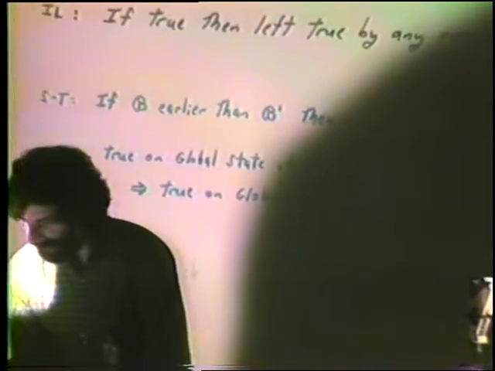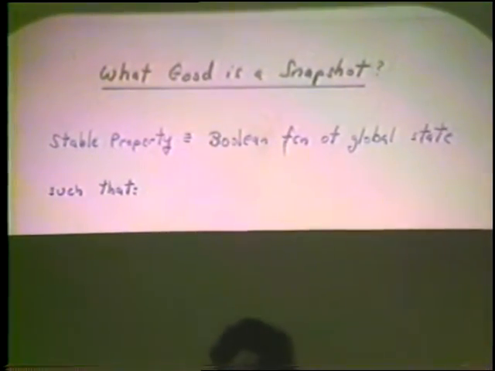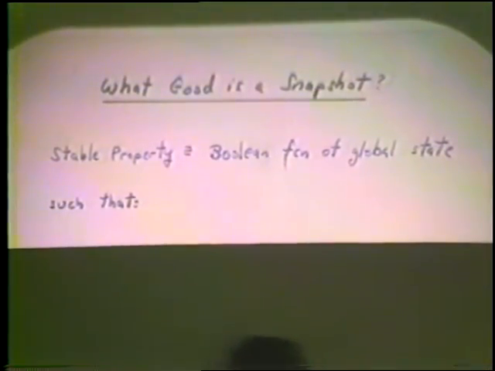What good is a snapshot? Well, a snapshot is good for finding a stable property. I mean, by the time the president in Chicago has gotten the picture of how much money is in the bank, 47 deposits and withdrawals have gone on.